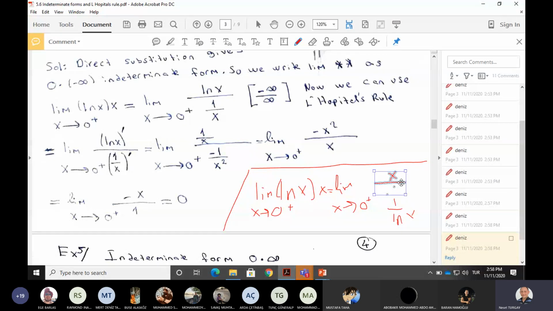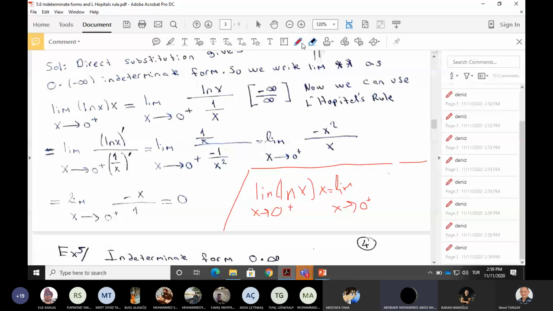But you know, derivative of x is okay, but 1 over ln x, how will you do it? You should change this to ln x to the power minus 1, and you should use the chain rule, and so on. It will be a little more difficult. Do you understand, my friend? Excuse me, sir. In the previous step, you just flipped 1 over x from the numerator to the denominator, yes? Yes. I am saying that alternatively you can do it like that.